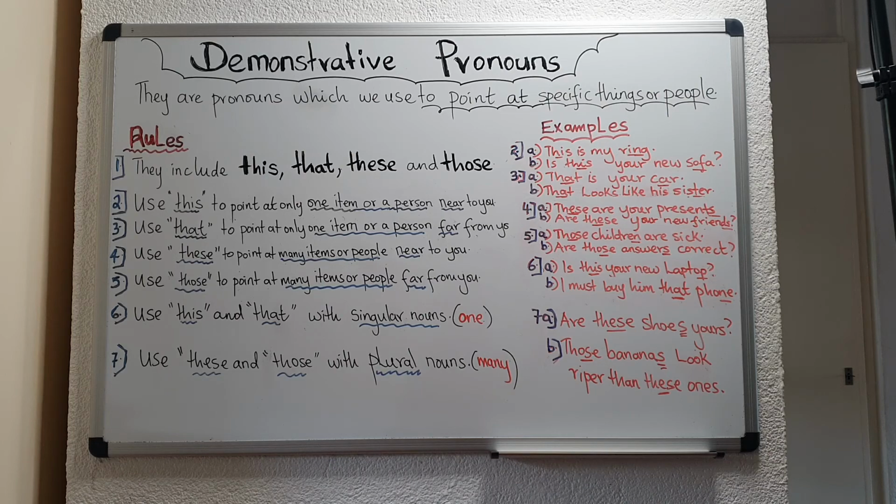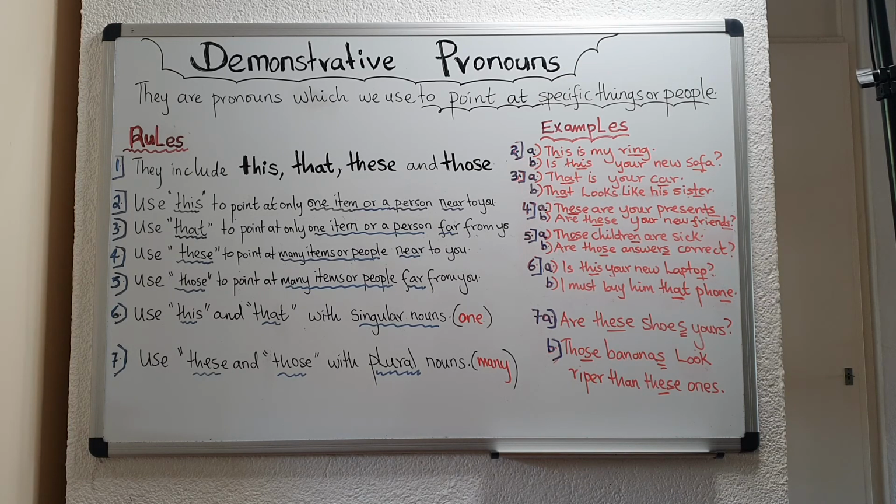Now look at the examples on the right. Example 7a. Are these shoes yours? Are these? There are many. We're talking about shoes, not one shoe. Now, if we had just one shoe, what would be the answer?